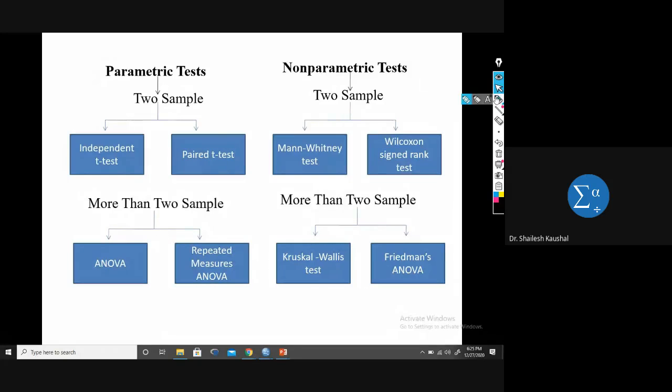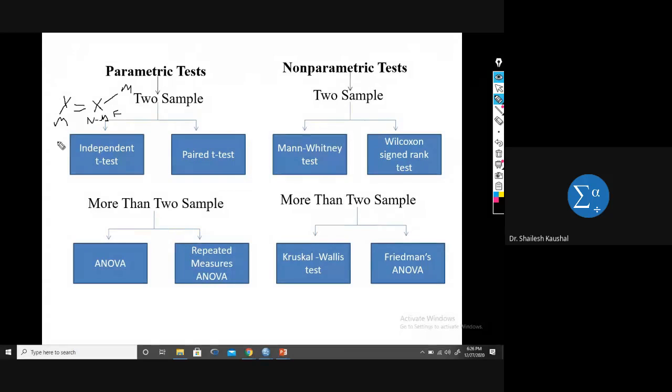So I am repeating. When should we use the independent t-test? The purpose of the independent t-test is comparing two groups. We can divide our data into two categories, male and female. This is my non-metric, categorical data, and the other is metric data.